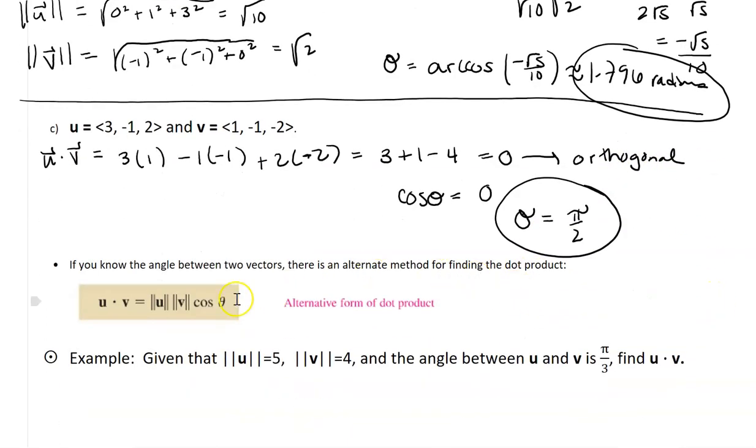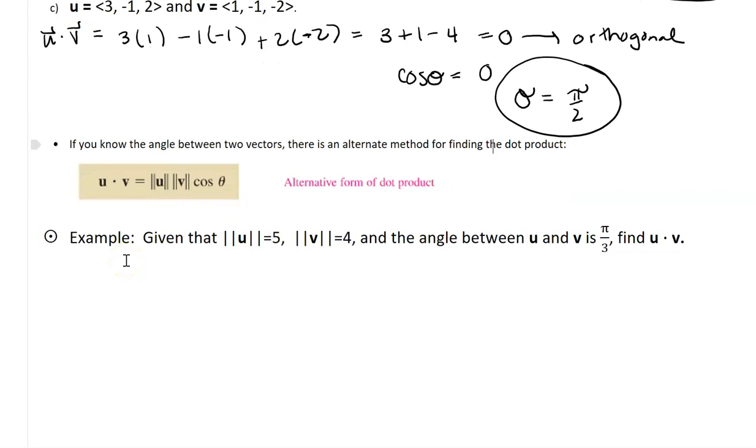Now if you happen to know the angle between two vectors, there is an alternative method for finding the dot product. Using this formula, cosine of theta equals u dot v over the magnitude of u times the magnitude of v, you can multiply both sides by the denominator and use this to find u dot v if you need to. So for example, with this one, I've got the magnitude of u is 5, the magnitude of v is 4, and the angle between them is pi over 3.